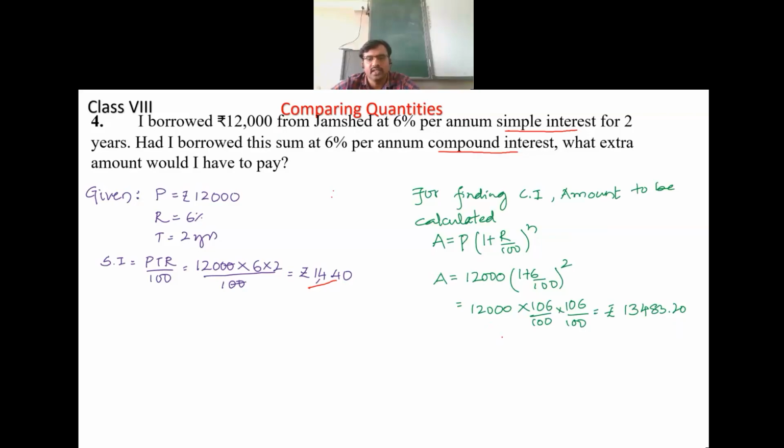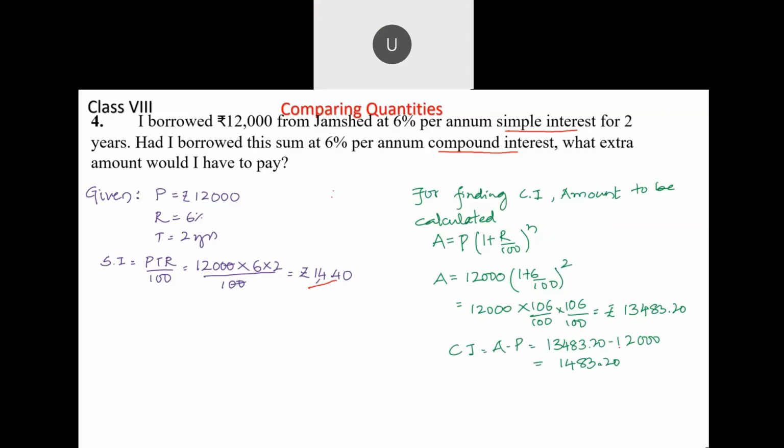So the compound interest is amount minus principal, which is 13,483.20 minus 12,000. The difference we get is 1,483.20. Now you observe there is an extra amount. We should add it, sir?